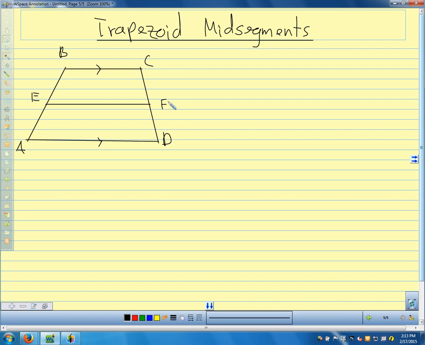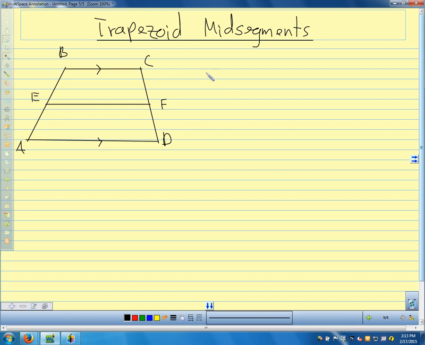So do we remember with triangles, what made a segment a mid-segment of a triangle? What does the mid tell us about the mid-segment? It's in the middle. It's a segment in the middle of these sides.